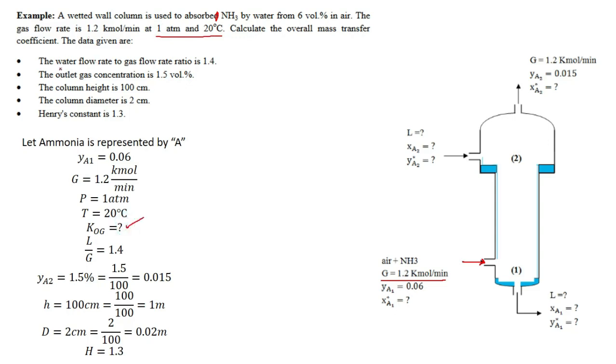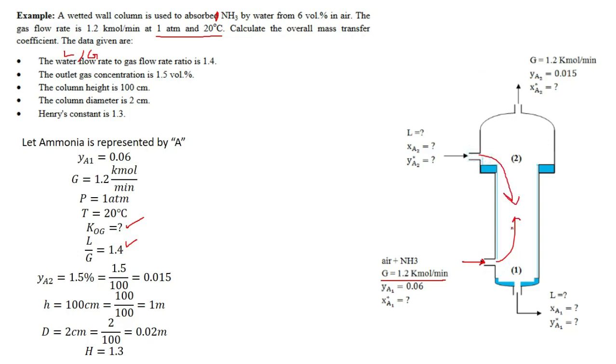The data given are water flow rate to the gas flow rate. Water is liquid. Liquid to gas, L by G, is equal to 1 by 4. Outlet gas concentration is 1.5%. So here gas goes up while this water goes down.